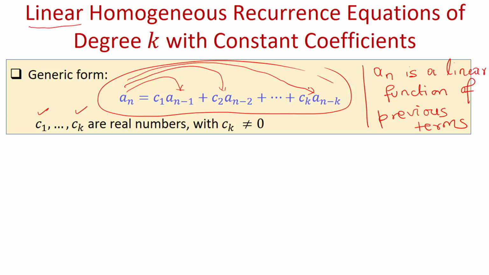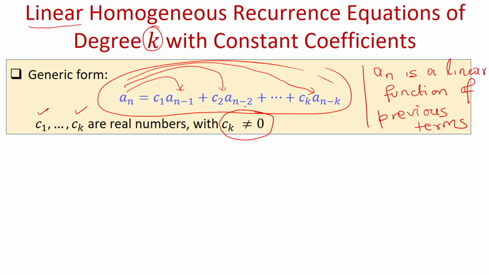Okay. Why is it called homogeneous? Because the dependency of a of n is only on the previous terms and nothing else. We will see what exactly non-homogeneous means very soon. Why is it called degree k? Because C of k is not allowed to be 0 here. If C of k is 0, that means a of n does not depend on a of n minus k.